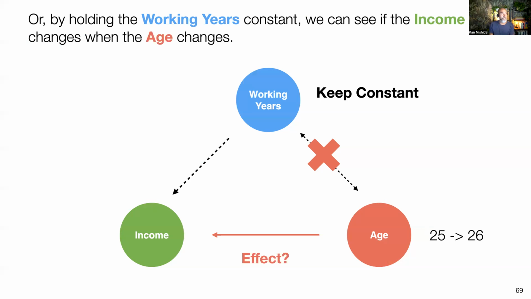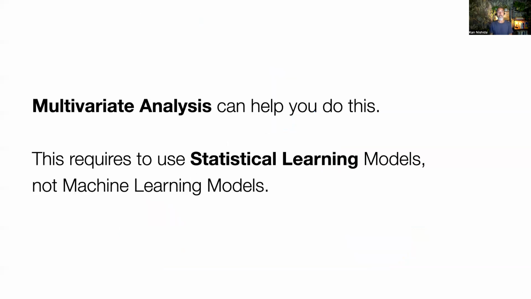Okay. So in order to do this, this one is, again, very simplified, but usually what you want to keep constant is not just one variable. You want to make 20 variables constant and only age moves, and then you want to see how the income changes. And for that, something like multivariate analysis can help you answer these questions.